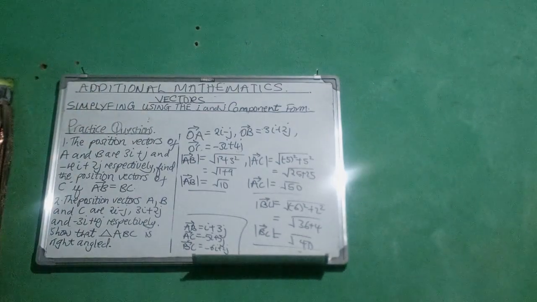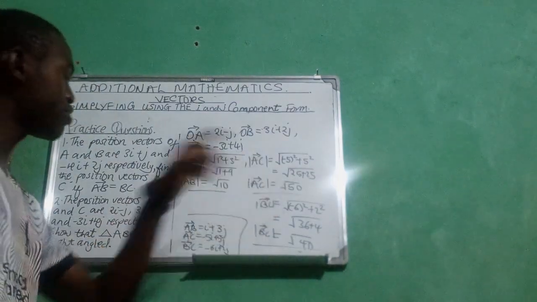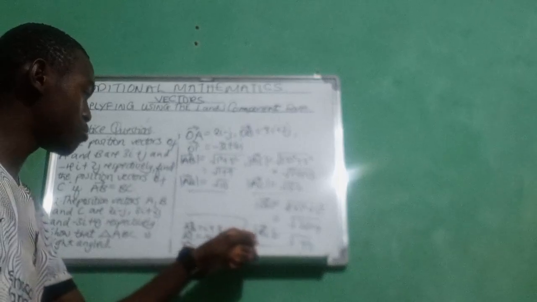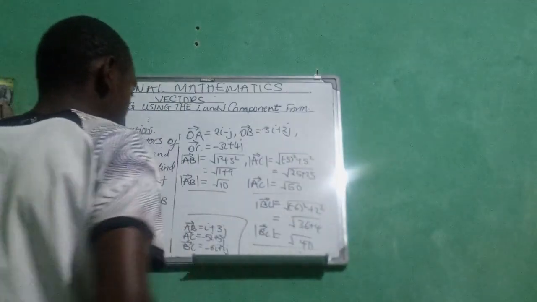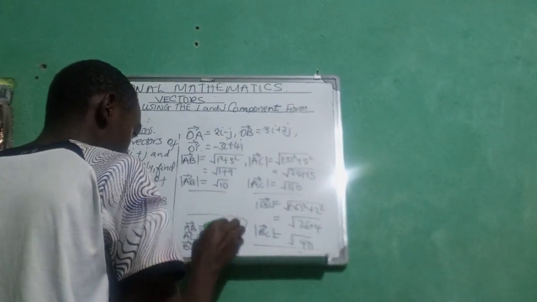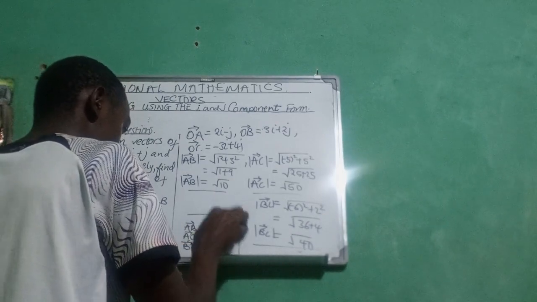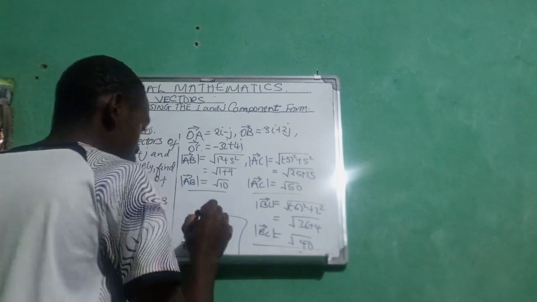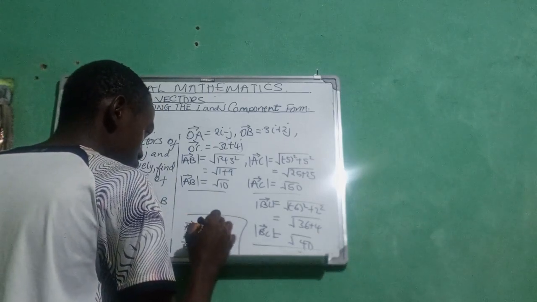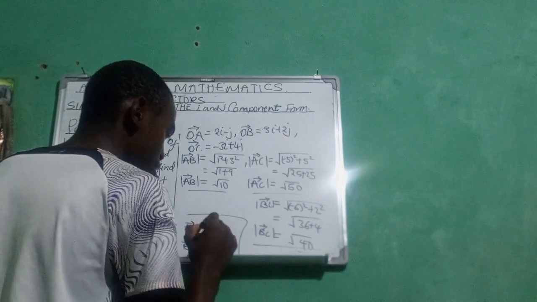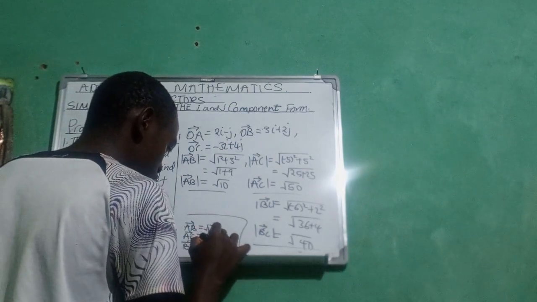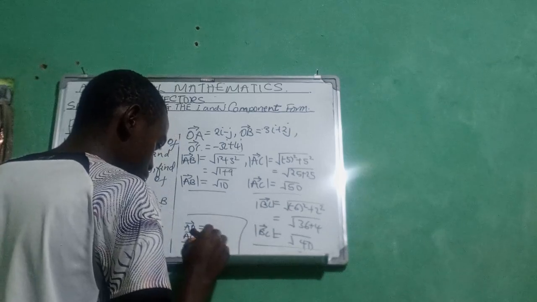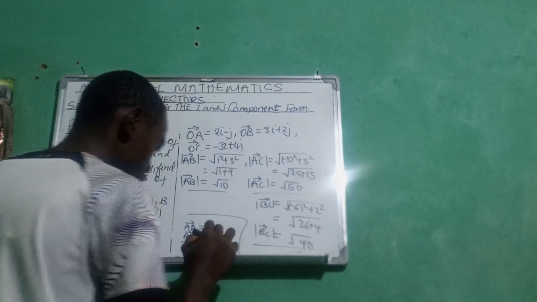So the magnitude of AB is square root of 10, the magnitude of AC is square root of 50, and the magnitude of BC is square root of 40.